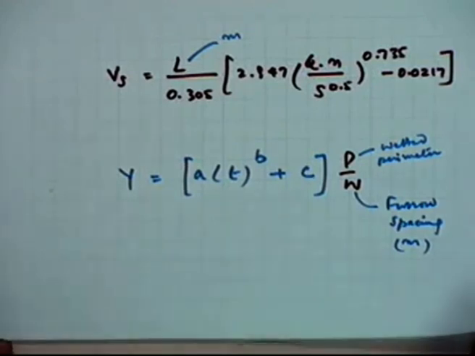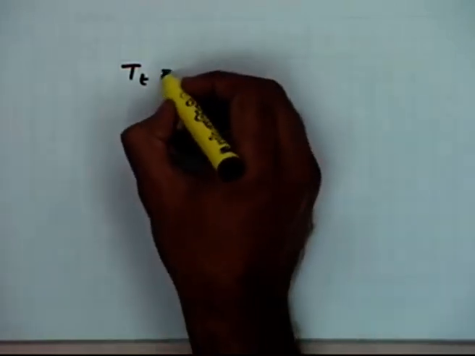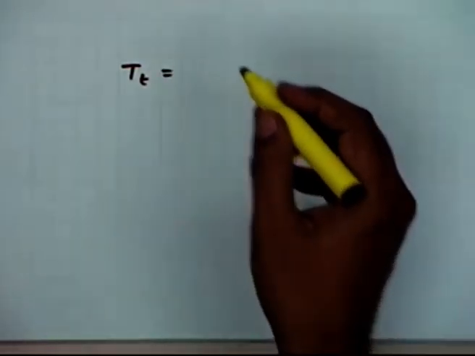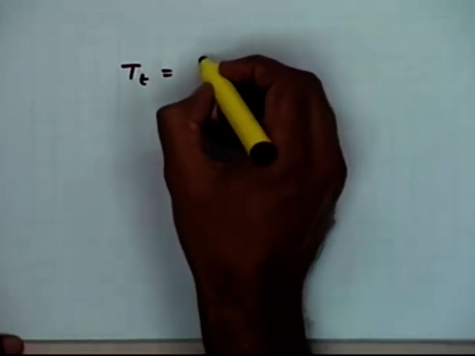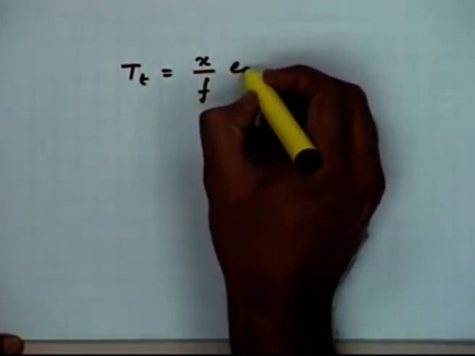Then let's look at some other expressions which we are going to use. One is for the advance time. The advance time can also be computed on the basis of this equation.